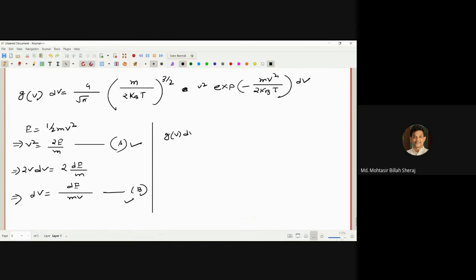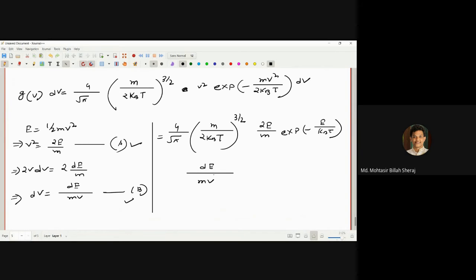So g(v) dv equals to 4 by root pi. Let's just do the replacement in the right hand side. 4 by root pi (m by 2 kBT) whole to the power 3 by 2, v square equals to 2E by m, e to the power minus E by kBT, and in place of dv we have dE by mv. Now what is actually v? (2E by m) whole to the power half.